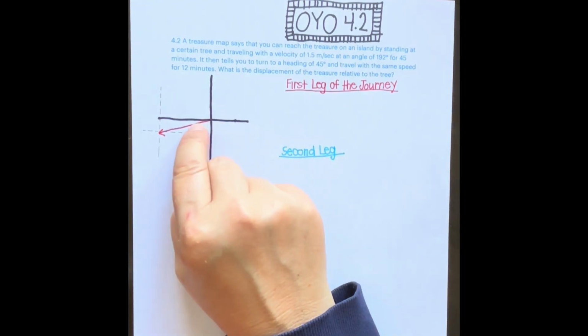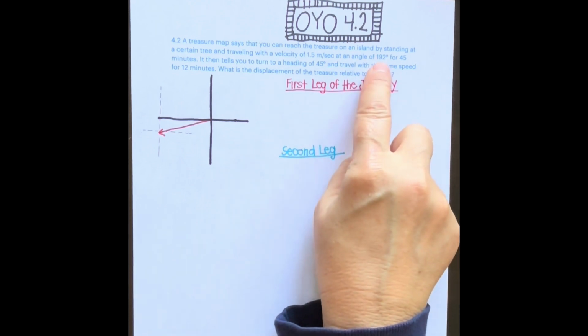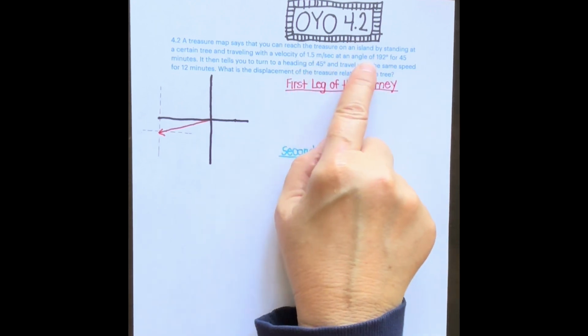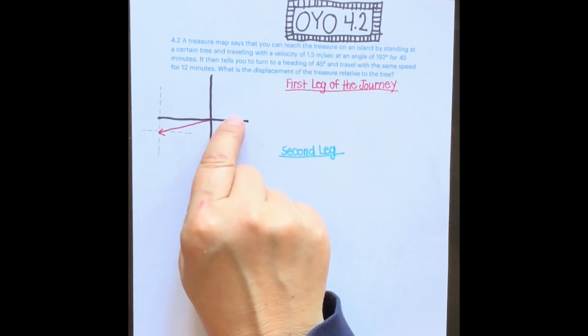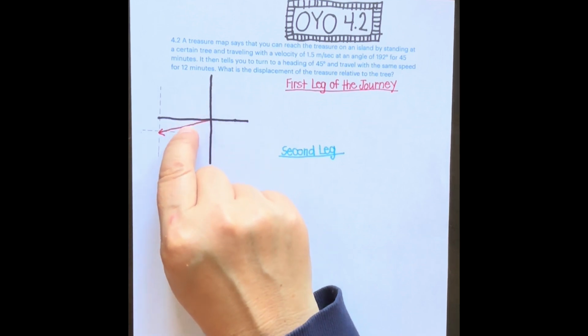The first thing to do here is to picture what's going on. I already drew the first leg in red. So we were going 1.5 meters per second at an angle of 192 degrees. So this angle is 192 degrees for 45 minutes.